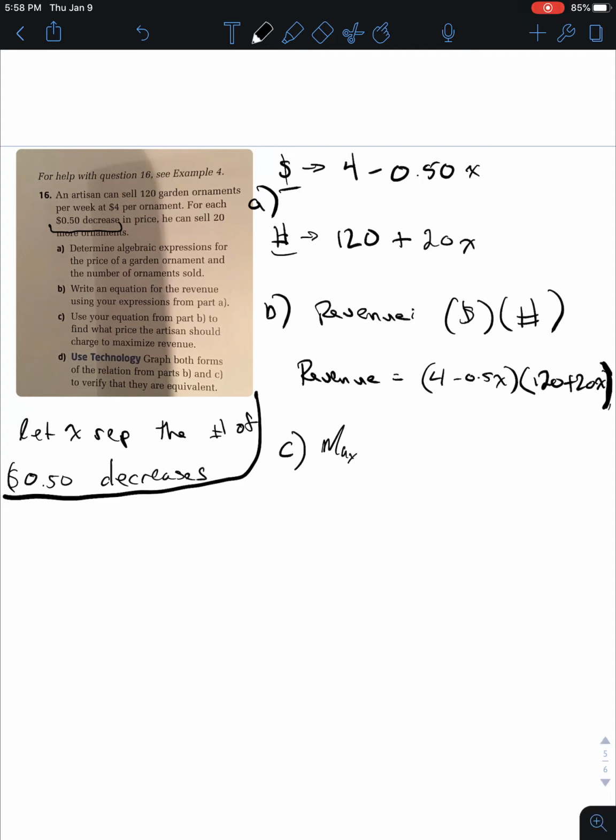So, 4 times 120, 480. Expand and complete the square.